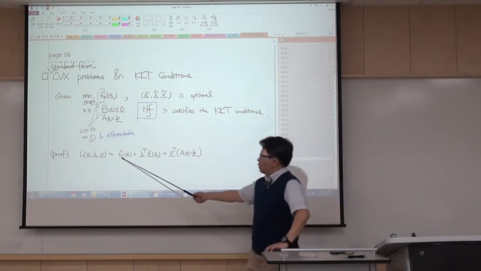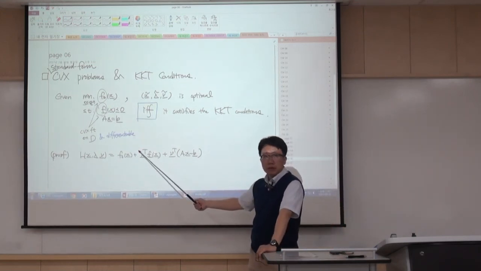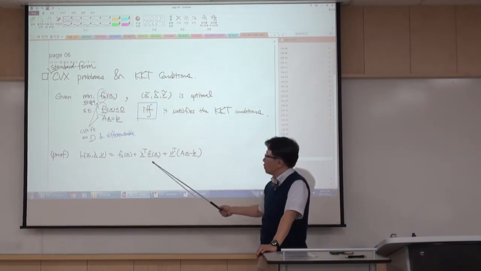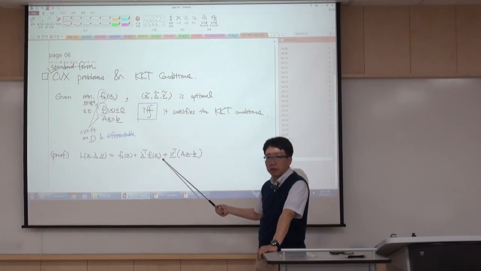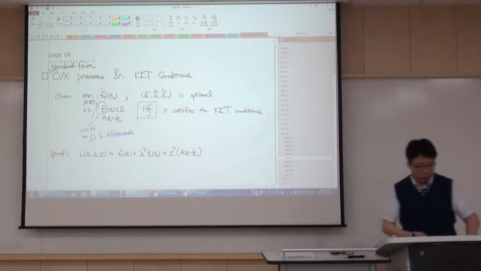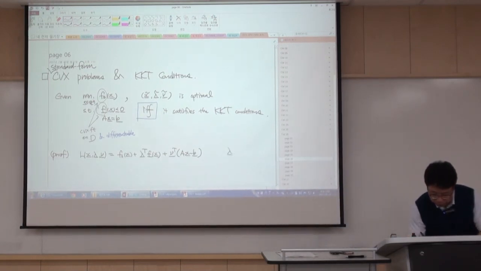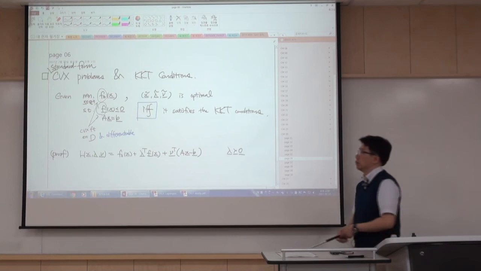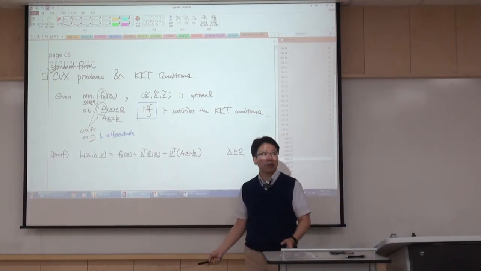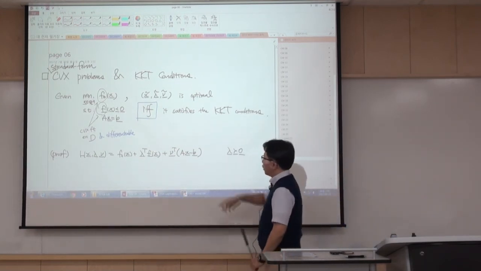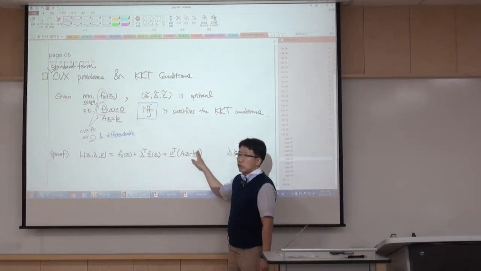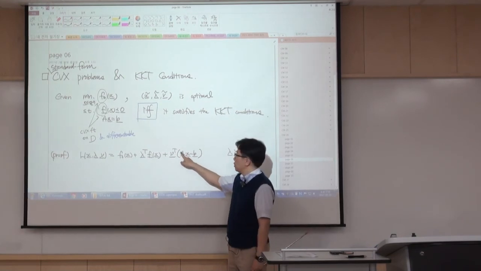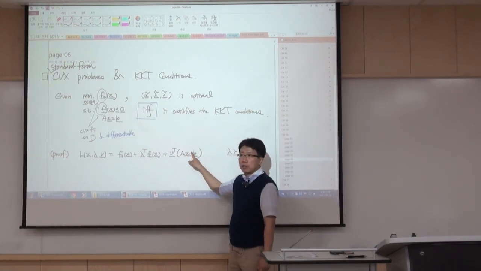What is the first function as a function of x? A convex function. What is this function as a function of x? It's a convex function, because lambda is greater than or equal to 0. Summation of convex functions is a convex function. Now what about this? Each entry is an affine function.